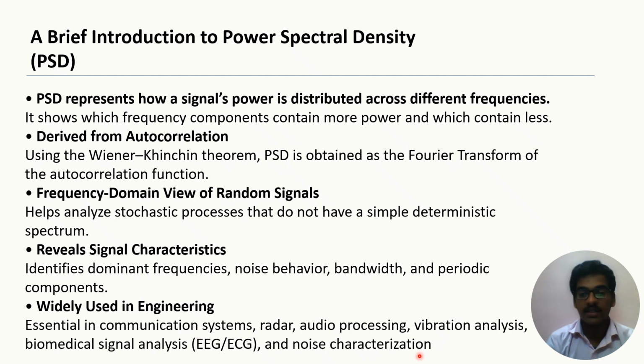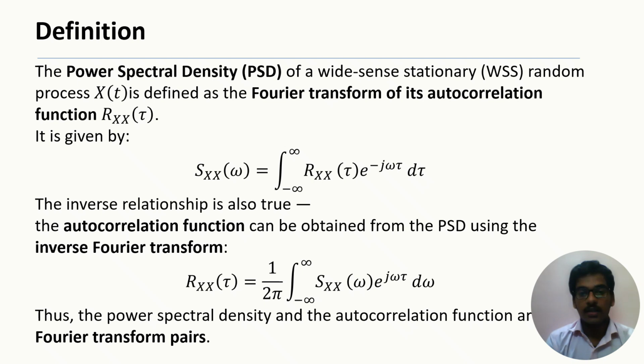Let us see the definition or mathematical representation of the PSD. Here, the PSD shows the dominant frequencies, noise levels, and periodic components present in a signal. Engineers use PSD to analyze communication channels, as I told you. This is the mathematical representation.